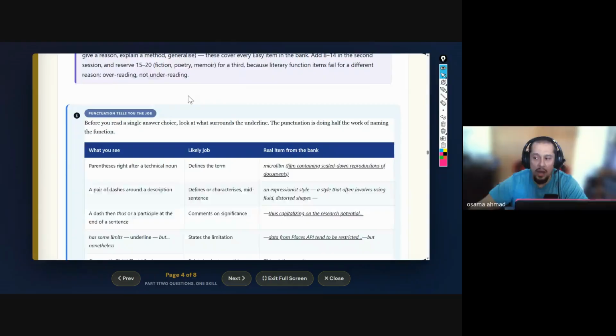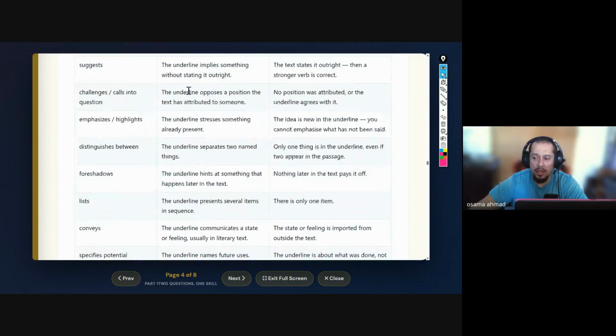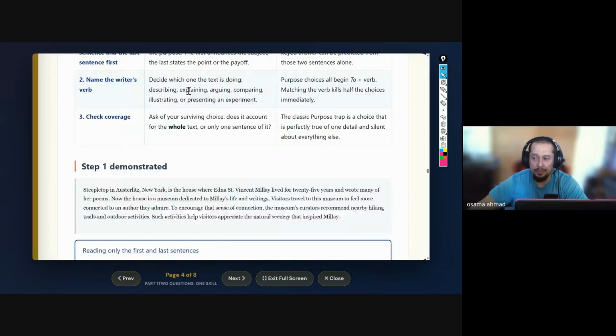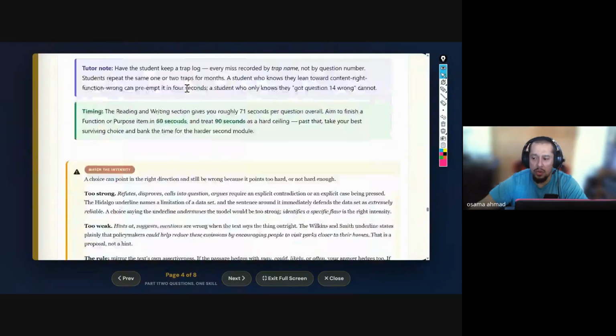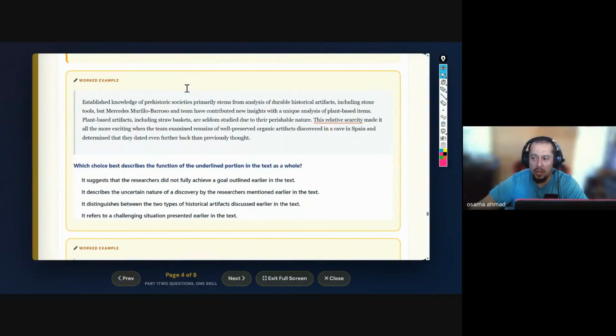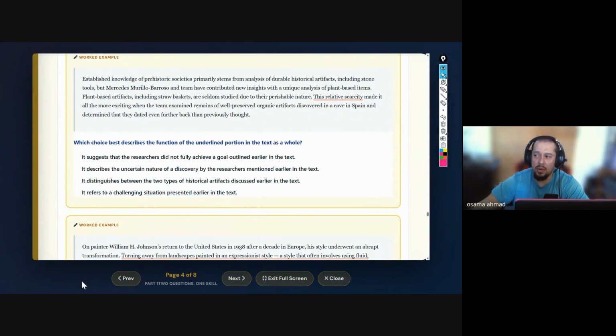طبعا في البيت, you guys will read them on your own. Now, let me see an example, right? This is purpose. Let's go to an actual example so I can show you what this looks like. Here it is, right? This is a real example, جاي من امتحانات. So do you see here, what is the function of the underlying portion in the text as a whole?